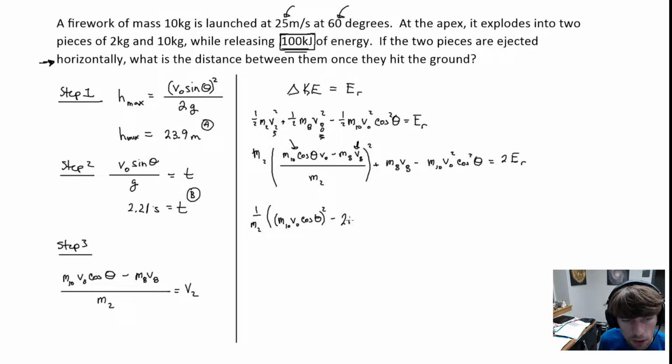Minus 2 m8 m10 v naught v8 cosine of theta plus m8 squared v8 squared.